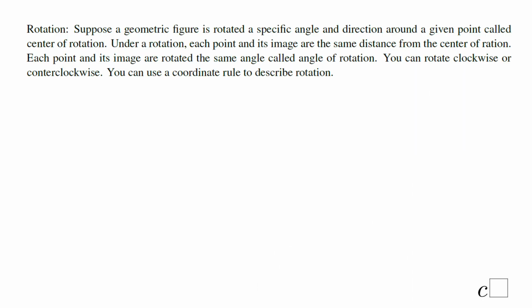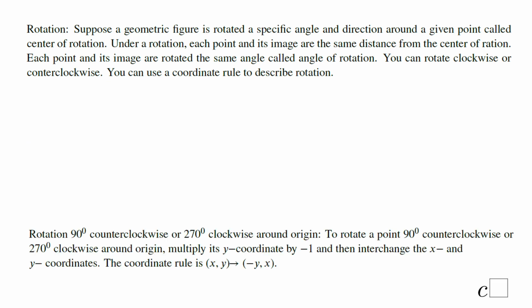Rotation, the last rigid transformation, isometry, congruent transformation. Remember, you have to have what is called a center of rotation and an angle that you rotate. For special rotations today, we're going to talk first about the 90 degree counterclockwise rotation, which is the same as 270 degree clockwise. These two rotations we call equivalent rotations.